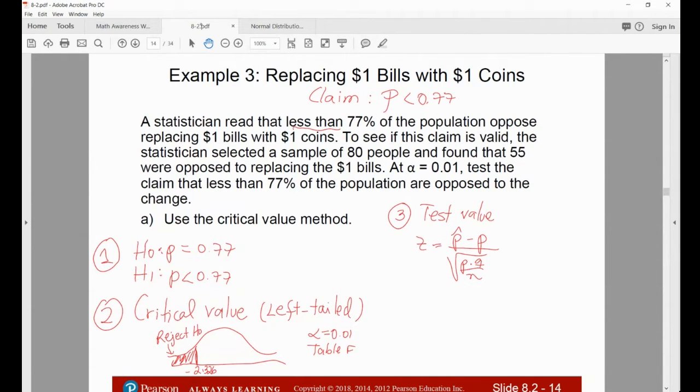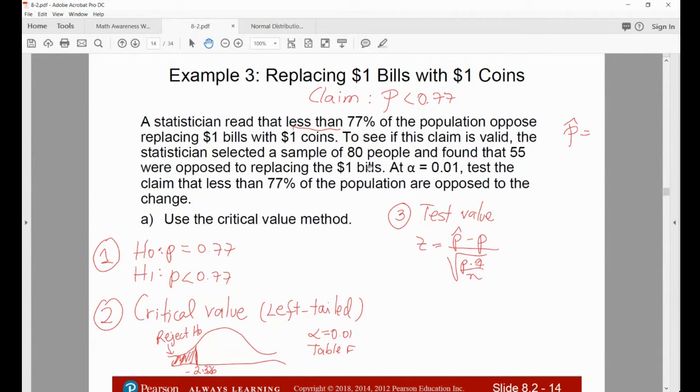So what's the value of P hat? What's the proportion in the sample that oppose the change? Now is when we use the information from the sample.